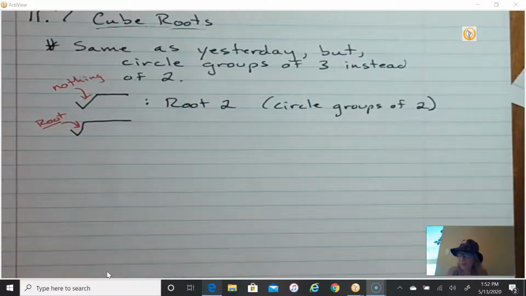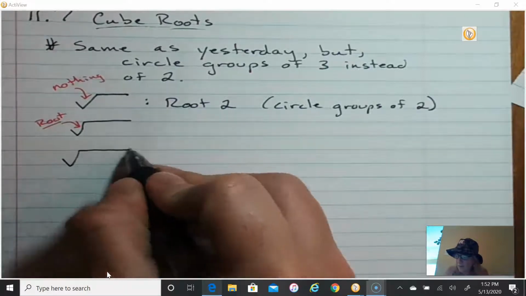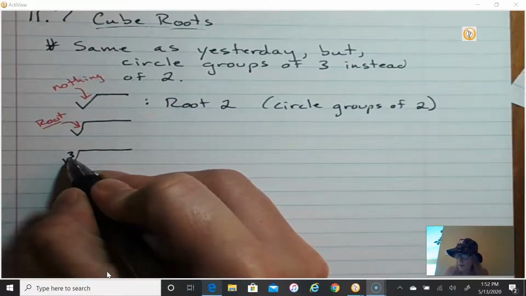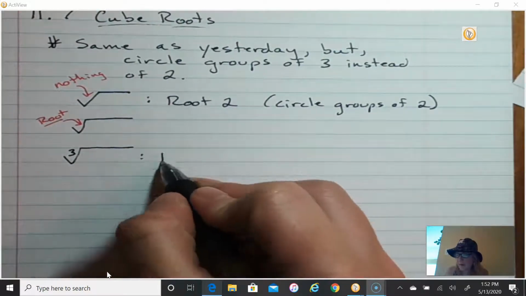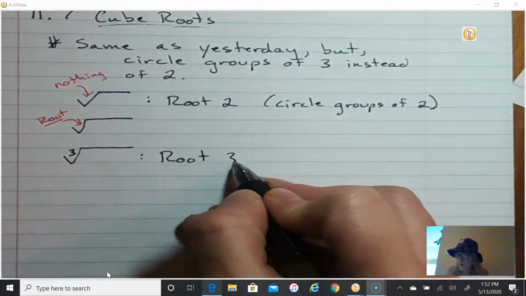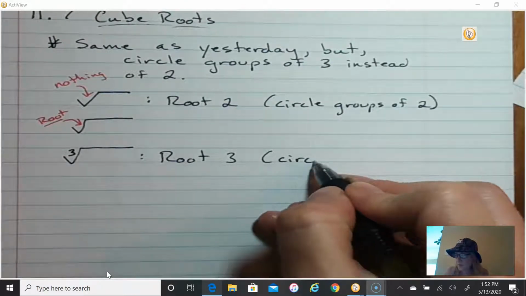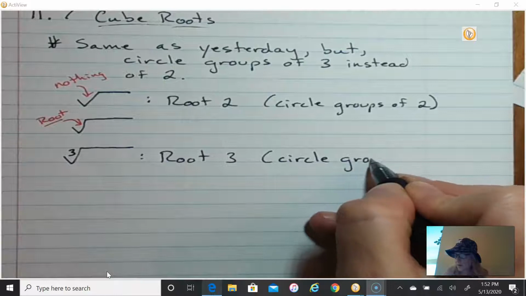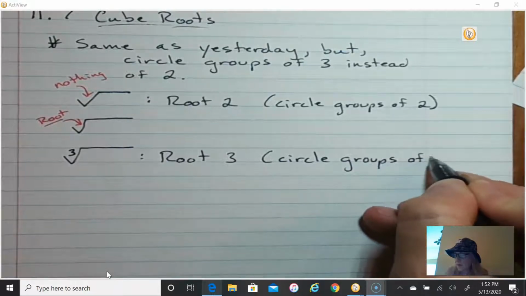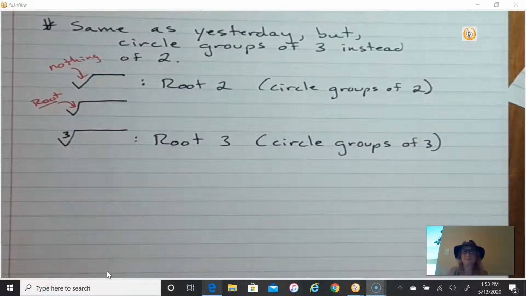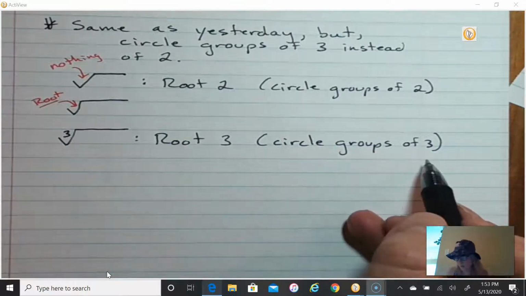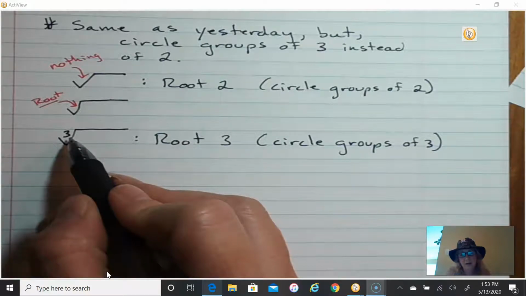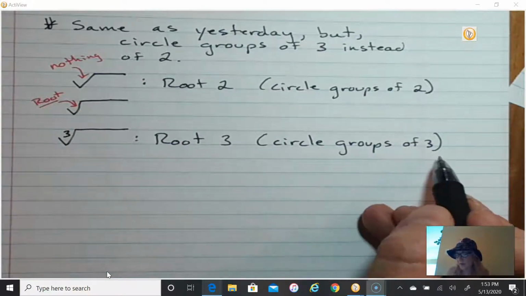Okay? If you have a 3 in there, that means it's a root of 3. You circle groups of 3. If I had a 4 there, you circle groups of 4. If I had a 5 there, you circle groups of 5.